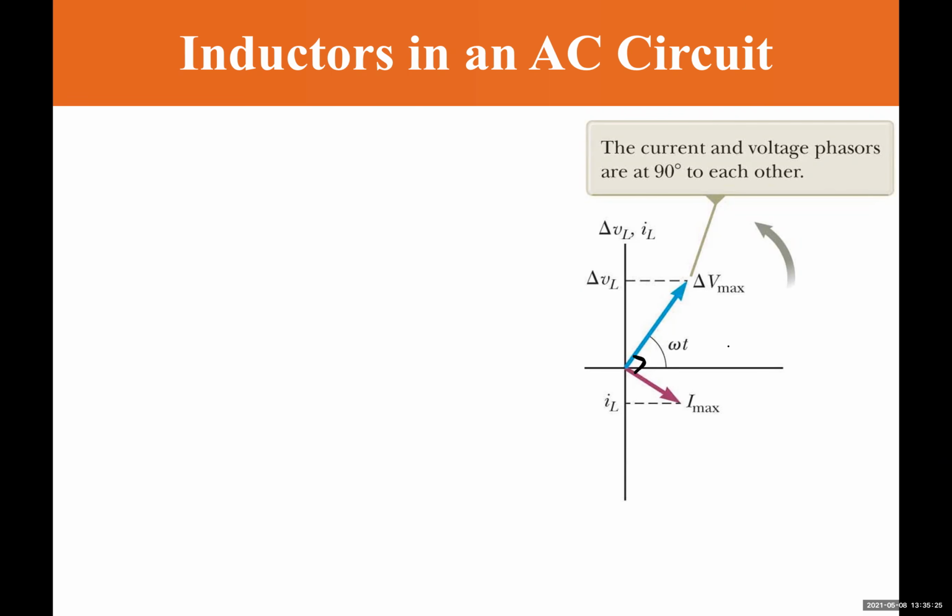That means they are out of phase by 90 degrees, and for the inductor, the current always lags behind. Remember, our positive direction is counterclockwise, so we have the voltage first, and then the inductor current 90 degrees from that.